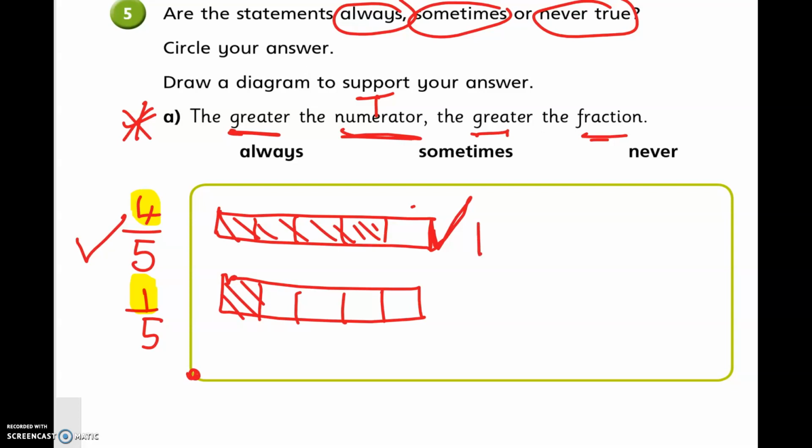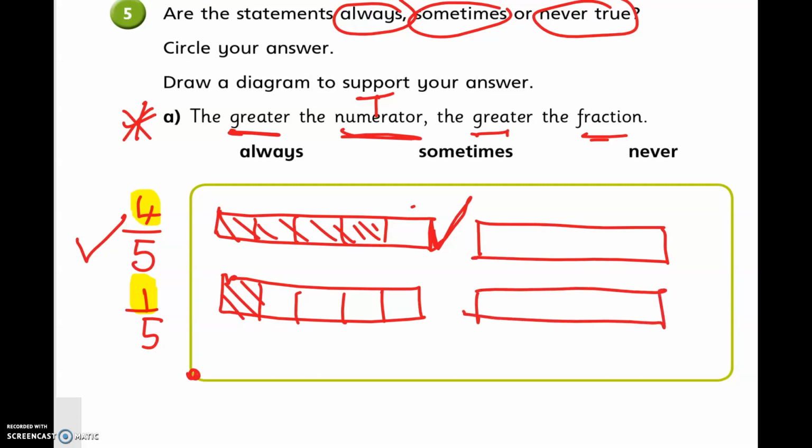So let's look at another bar of chocolate, and we'll divide this into 5ths again. 1, 2, 3, 4, 5, and we'll just divide this one in half. So we're going to shade 2/5 of this time, and we're going to shade a half. Now look what happens this time.